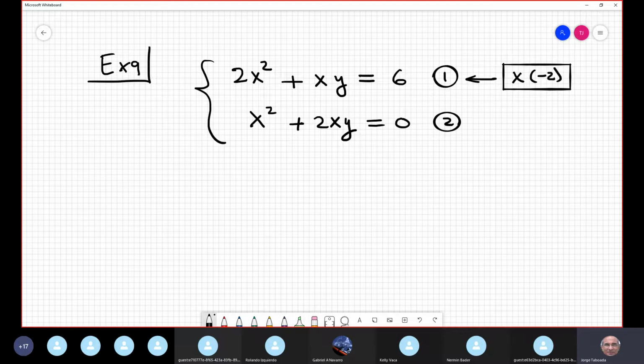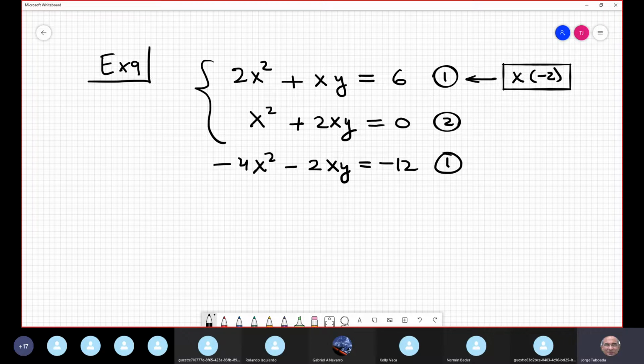What is the intention? -2 times 1 and -2 here and +2, and you eliminate the complicated term, the xy multiplication. When you multiply by -2, we have -4x squared minus 2xy equals -12. And this is the new equation 1.